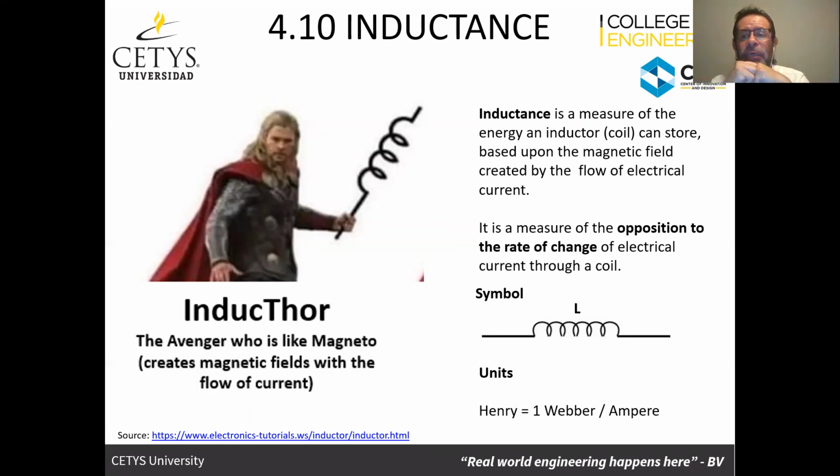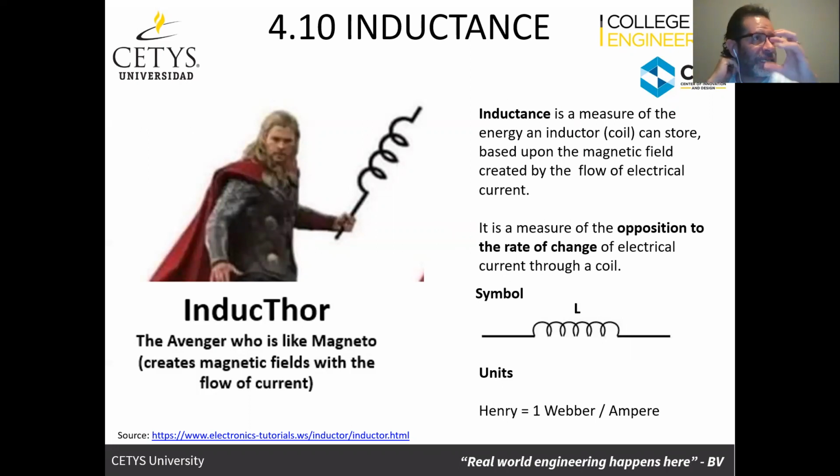The resistor was the element, and resistance was the measure of the opposition to the flow of current. So the inductor is the element, the component, and inductance is a measure of the magnetic energy an inductor or coil can store based upon the magnetic field that's created by the flow of current. It's also related to the opposition to the rate of change of electrical current through a coil.